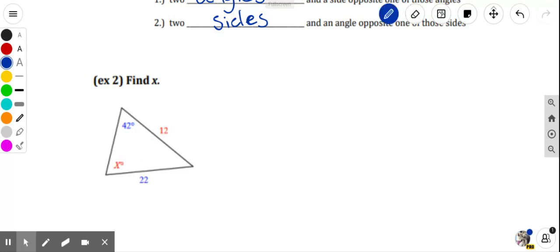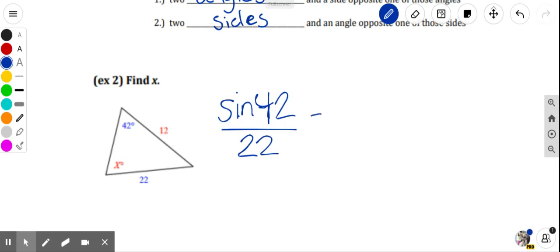It's going to be sine of 42 over 22, because that's opposite the 42-degree angle, equals sine of x over 12, because the 12 is opposite the x.